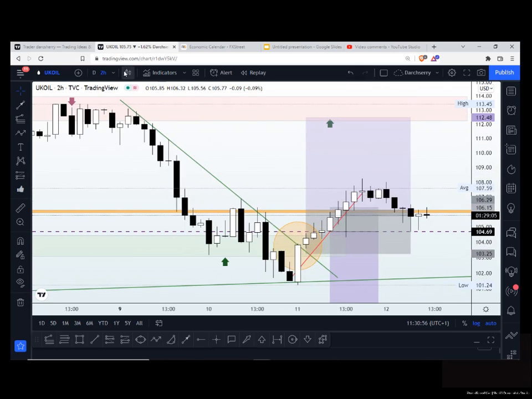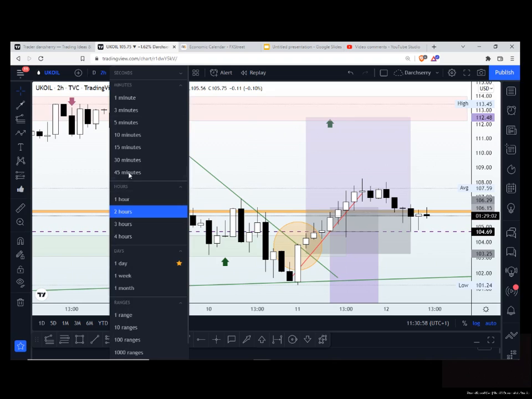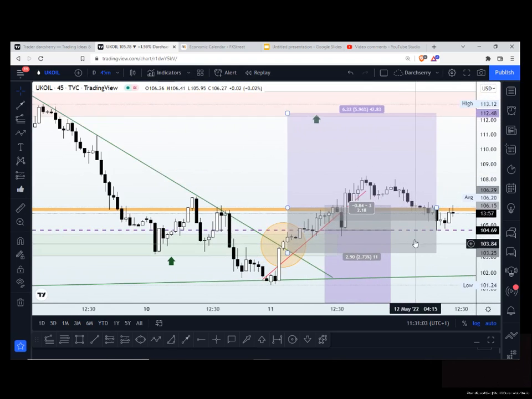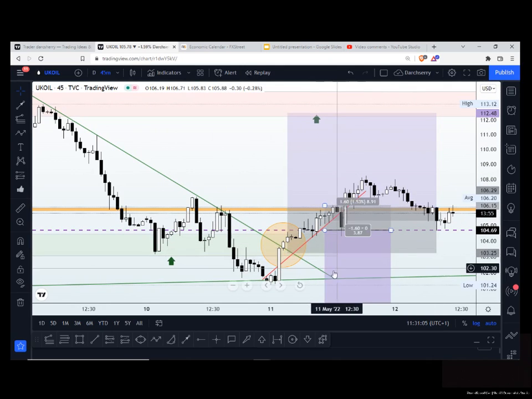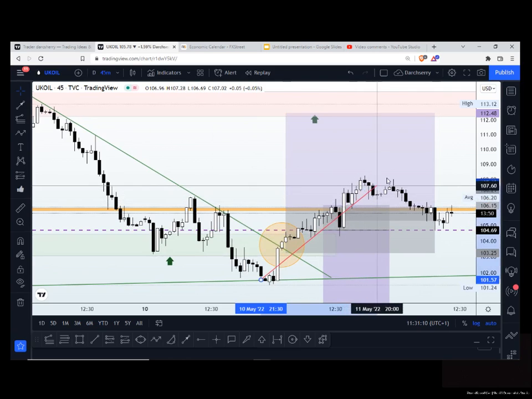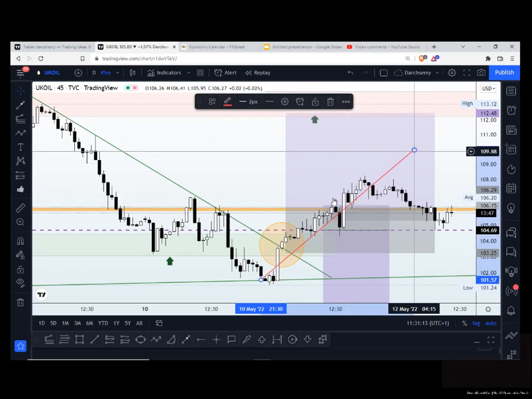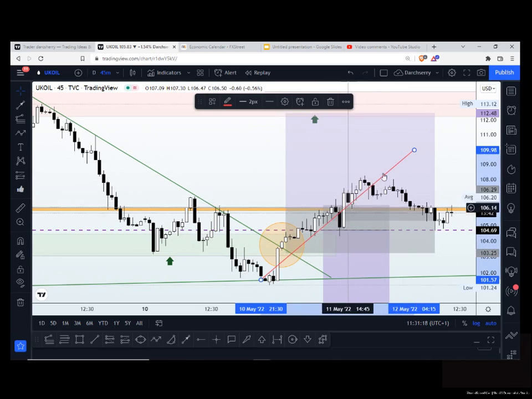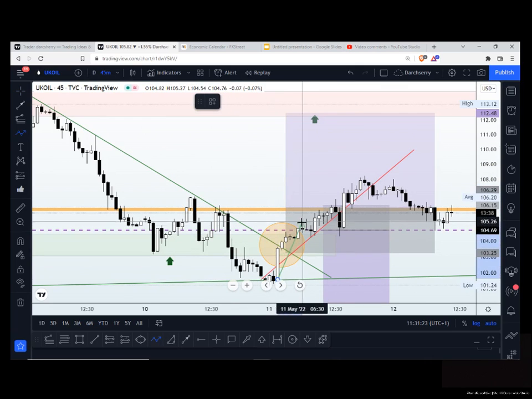Remember yesterday, let me go down to I think the 45 minutes or 1 hour time frame and let's see. Remember I said yesterday that to sell the UK oil, we will be looking for a signal in the form of a breakdown of this bullish trend line, the one that's highlighted in red, and a breakdown of that key level, which actually happened and then didn't go through.